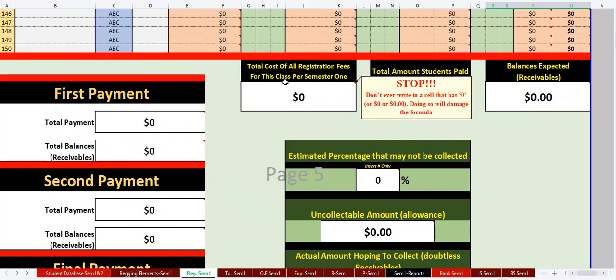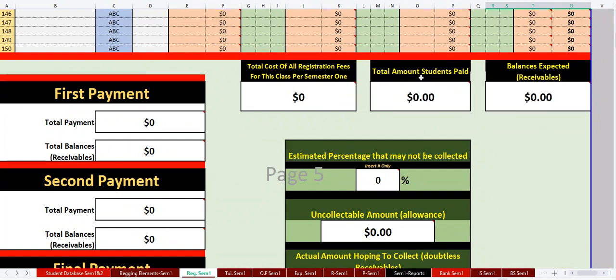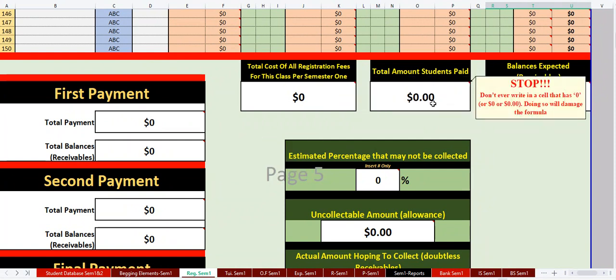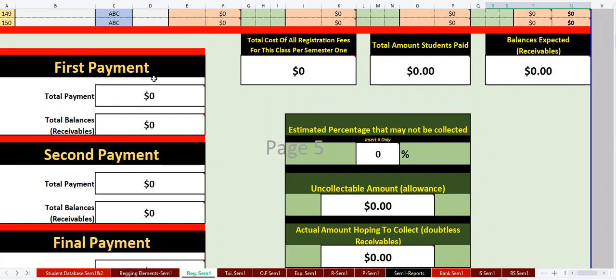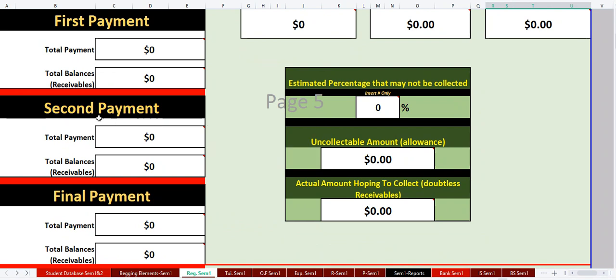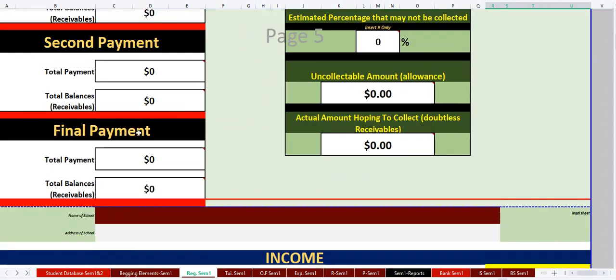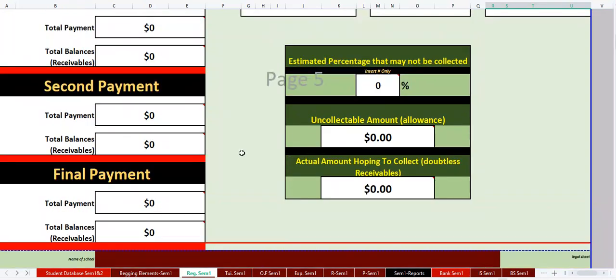The total amount students paid will come here. The balance expected, that is our receivables, will come right here. Then the amount they pay, first payment, will reflect right here, and the balance that's supposed to be receivable will appear here as well. The same thing will appear here for second payment and final payment. That is for every page.